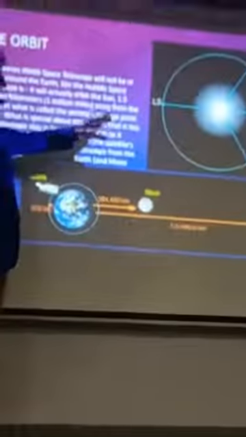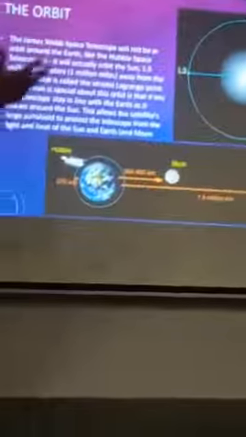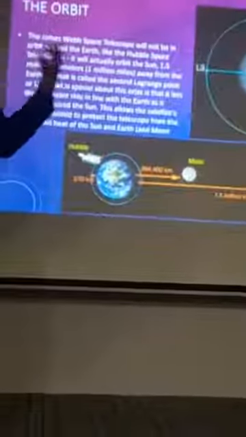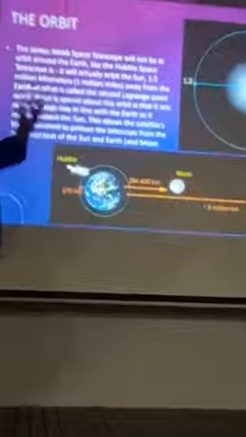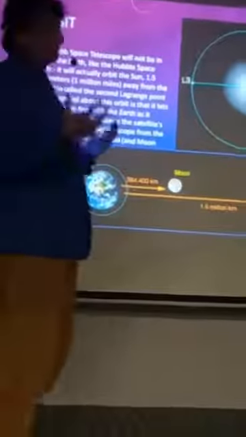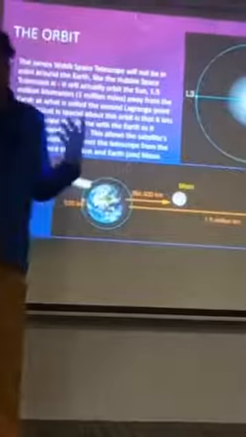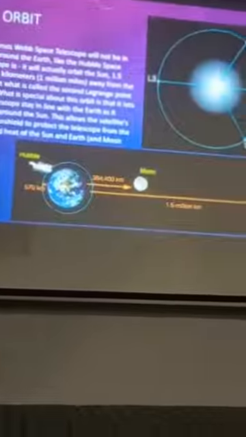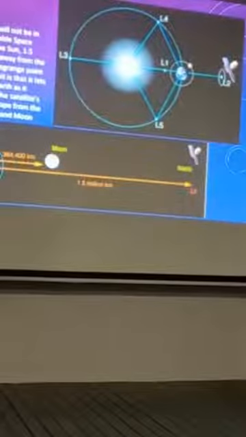So we know that there are a few orbit points discovered by Lagrange, that any two massive bodies create 5 Lagrange points where, in simple terms, you can think of it that the gravitational forces of the two bodies almost become equal to each other, and so there's a very stable point.